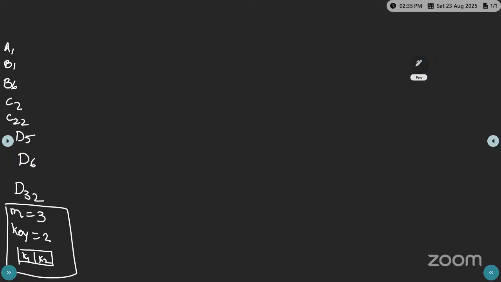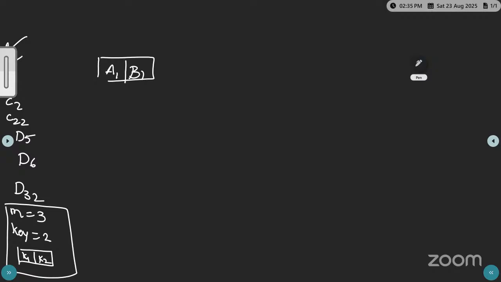Stand in your place. Yes, first create a node. First we can insert A1 and B1 directly. Okay, then go for C1.